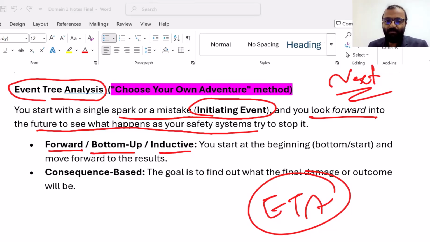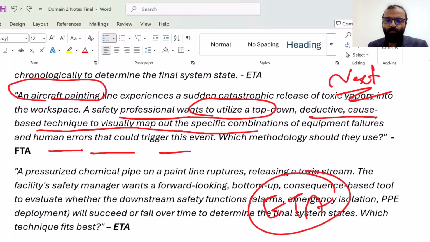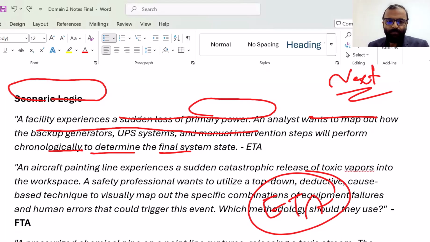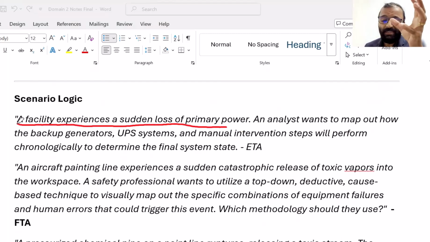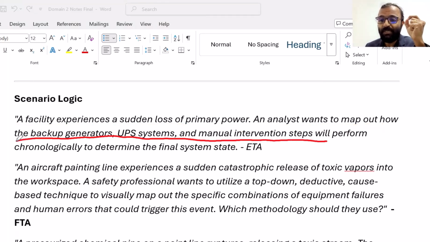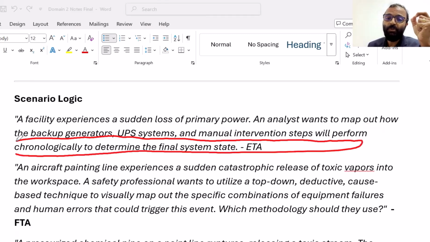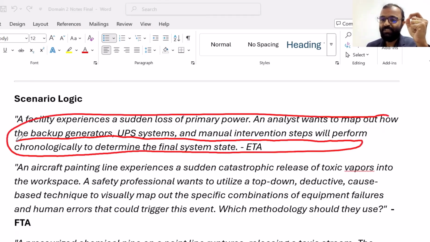Now we will understand an example. For example, there is a facility. A facility experiences sudden loss of primary power. Now, primary power has been lost. That is an event. An analyst wants to map out how the backup generators, UPS system, and manual intervention steps will perform chronologically to determine the final system state.